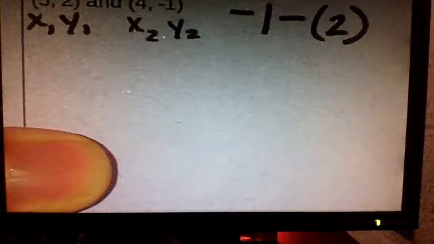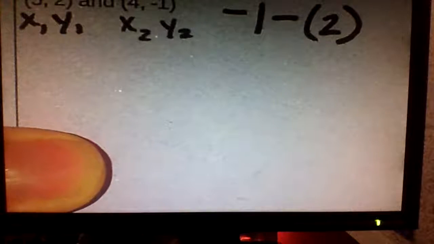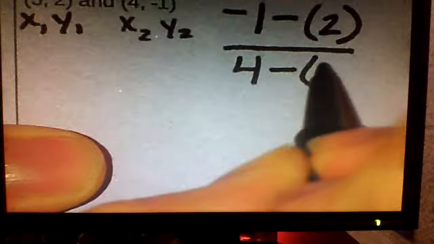So you would literally take y2, so negative 1, minus your y1, which is 2. And we divide that by your x2, which is 4, minus your x1, which is 5.